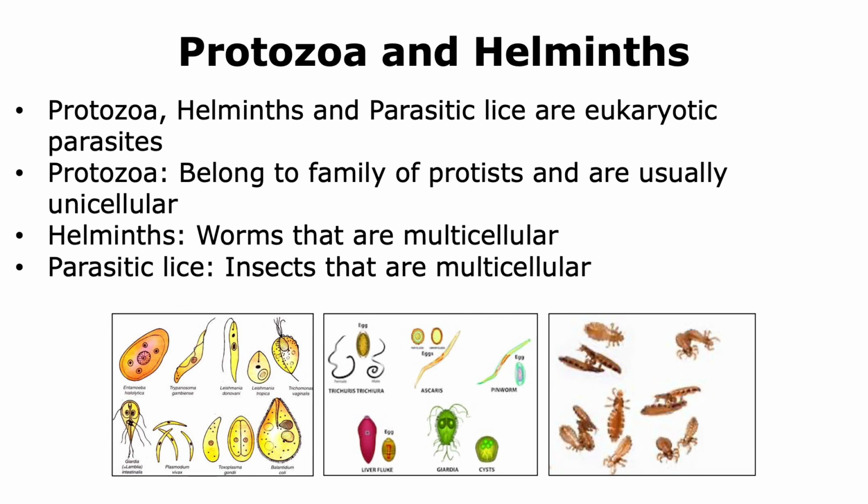Parasitic lice are insects, which makes them multicellular too. Parasitic lice usually grow on our body. They don't go in the body. And hence, unlike protozoa and helminths, they tend to be extracellular. We're not going to look into parasitic lice as much because since they're not in the body, we don't have much of an immune response against them.